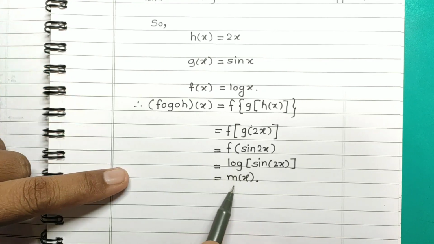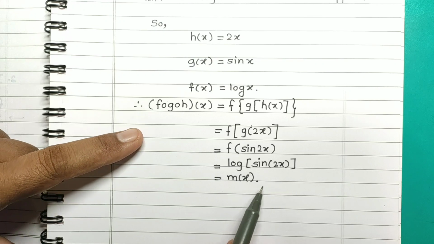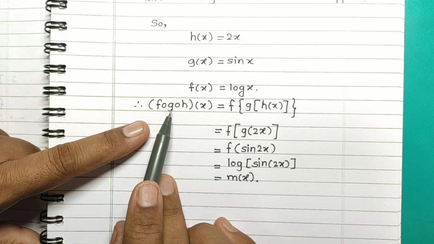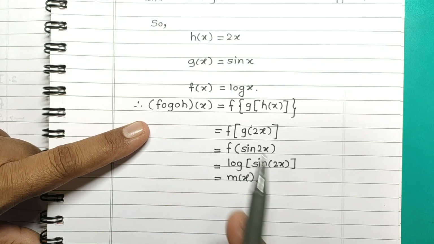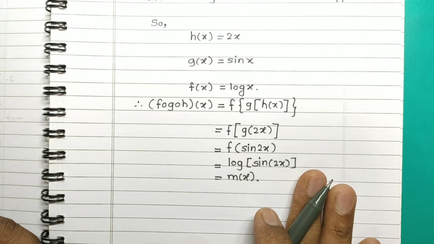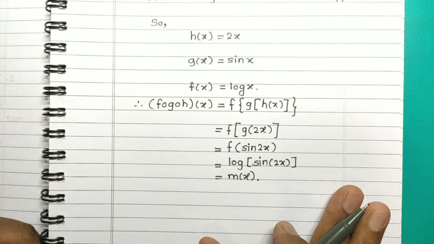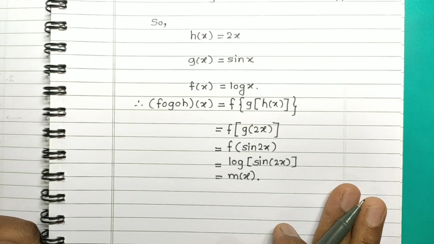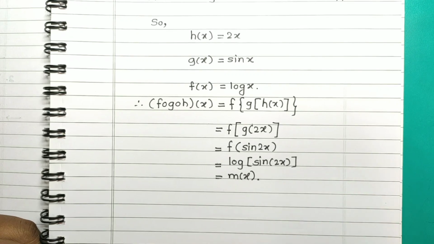So we have expressed this given function m of x as a composition of f, g and h. So this is all about the composite functions. I hope all of you are getting the concept of composite functions.